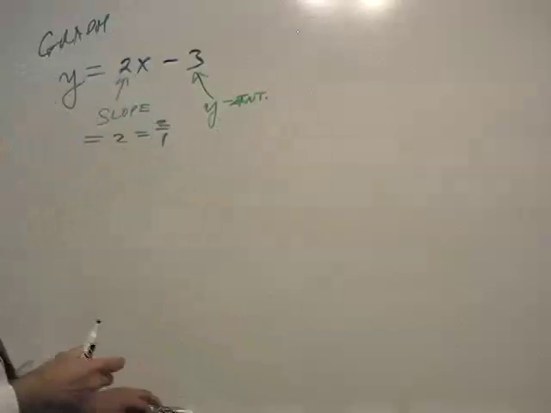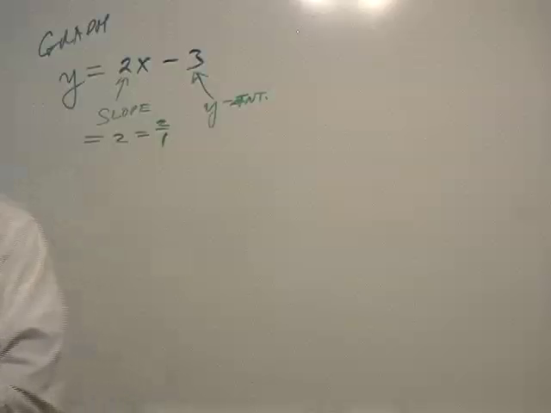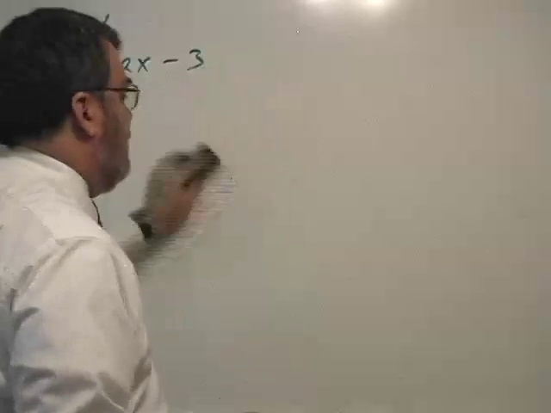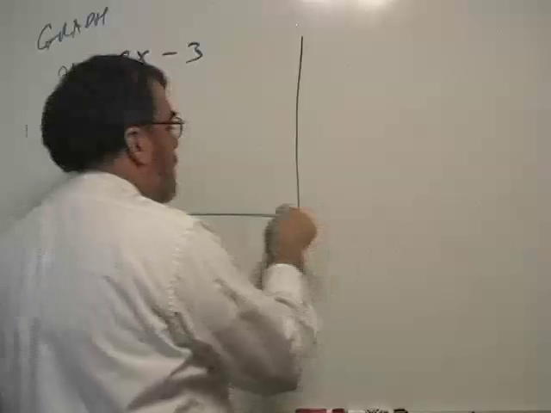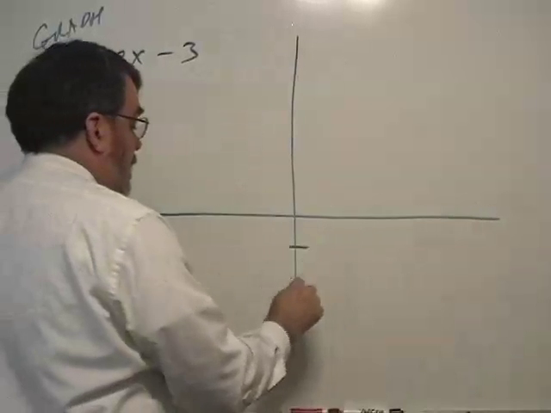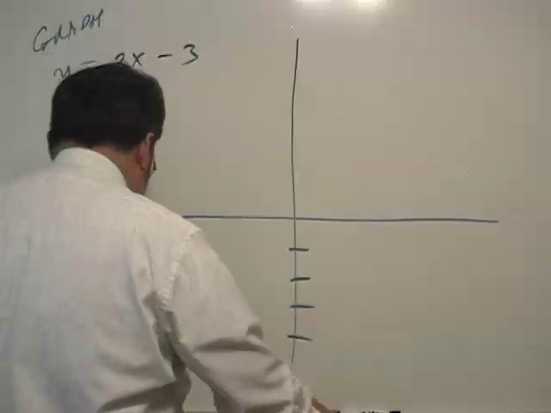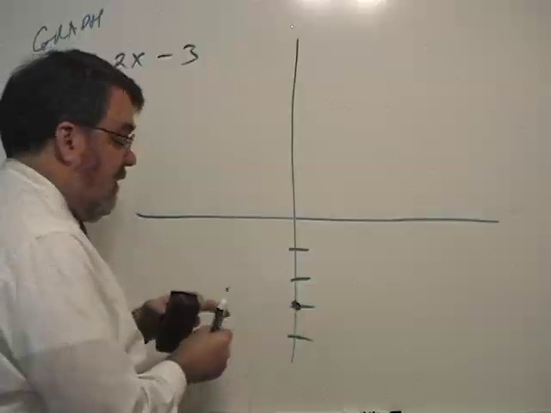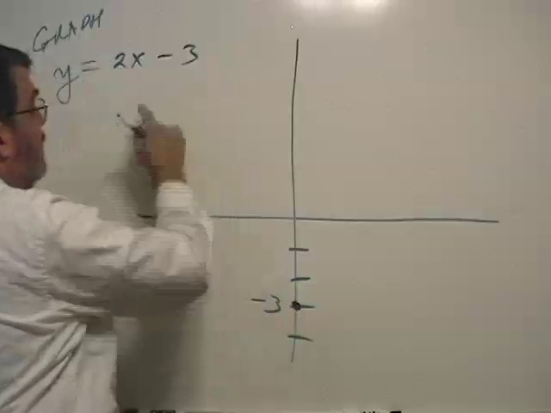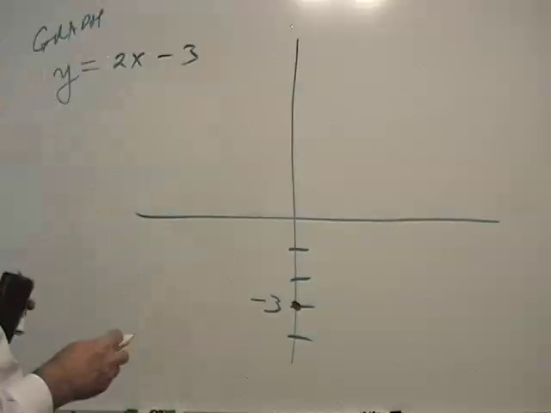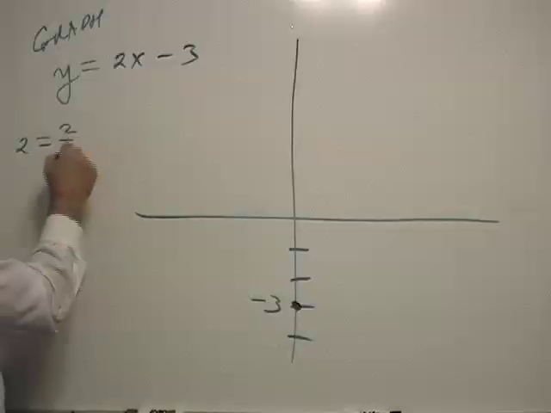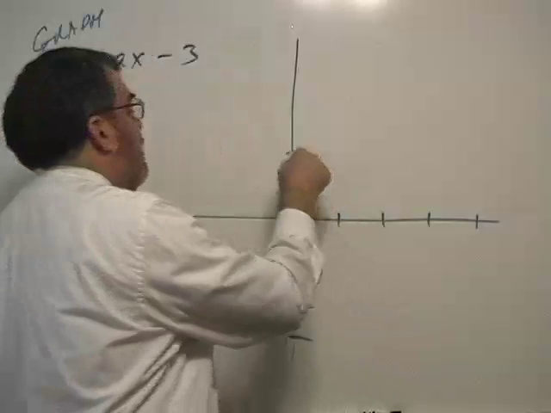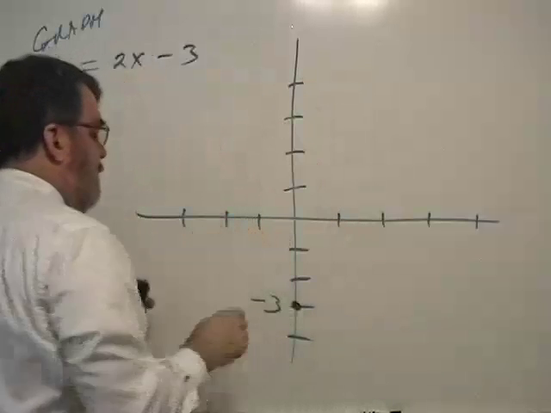So let's take that information and use it to draw the graph. I need to make a little room here to draw my nice big beautiful graph. It crosses the y-axis at negative 3, because that's the y-intercept. And the slope is 2 over 1. That means I can generate more points on this graph by applying the slope value.